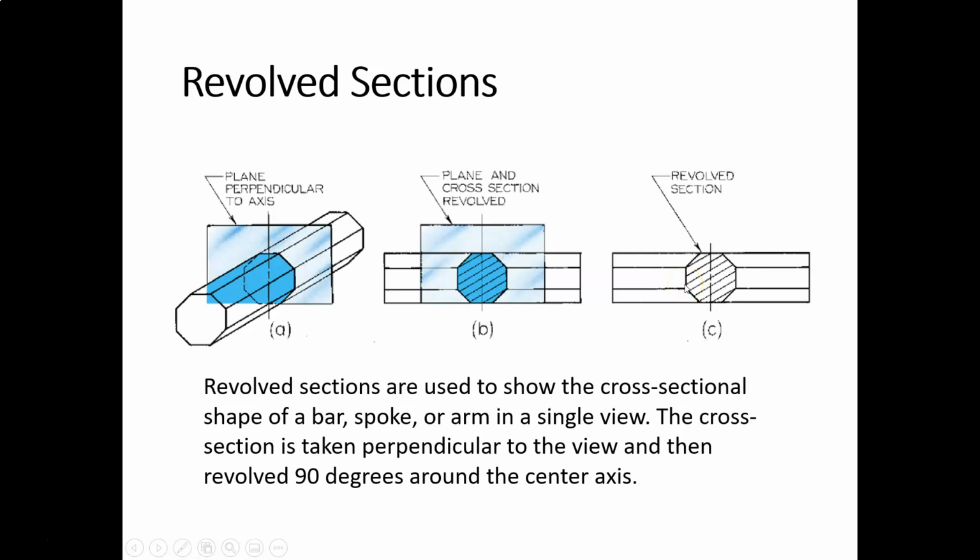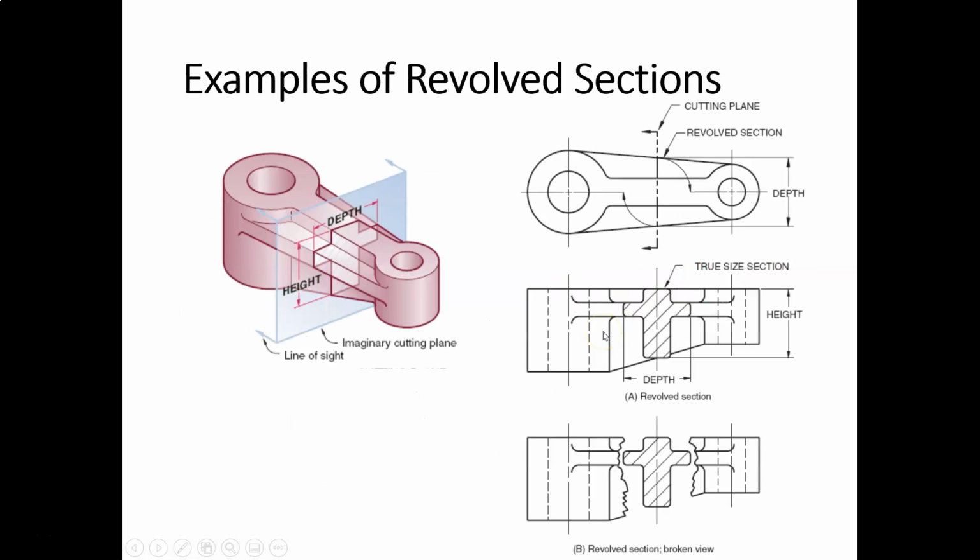Now, you are doing a revolve section in one of your drawings. I think it's drawing number 4, drawing number 5. Okay, so you are doing a revolve section in there. Okay. And then here's some other examples of revolve sections. So in this example, in the top view, you can see where the cutting point line is.